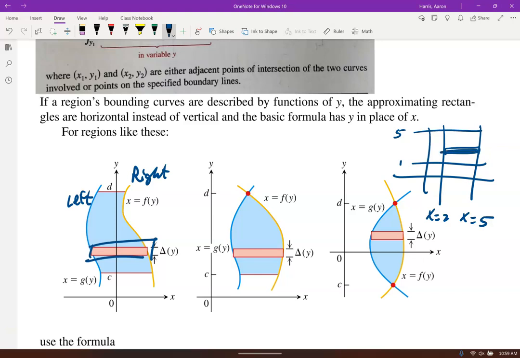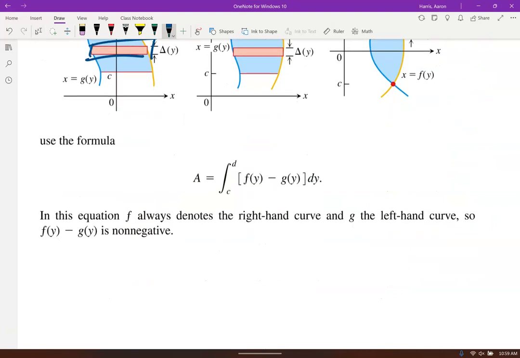That's a height of a rectangle 4, right? So right minus left will give you a positive rectangular height on these. So that's what you want to remember. So right minus left from y to y.